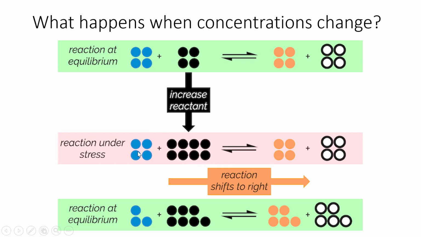How will it do that? It will shift forward. Shifting forward is going to decrease the amount of the reactants. It will produce more products. Yet again, the equilibrium position is focused upon opposing the change. So it will shift the equilibrium forward and decrease the reactants.